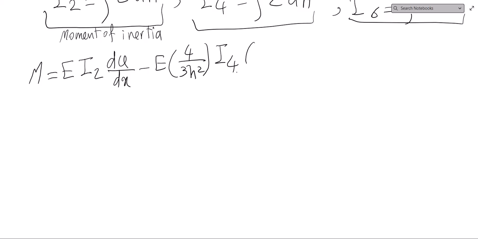And a more proper displacement will give you these results for bending moment, shear, and so on.